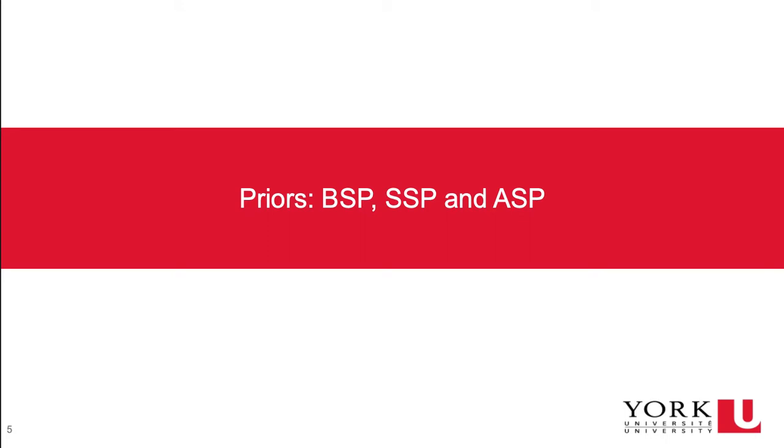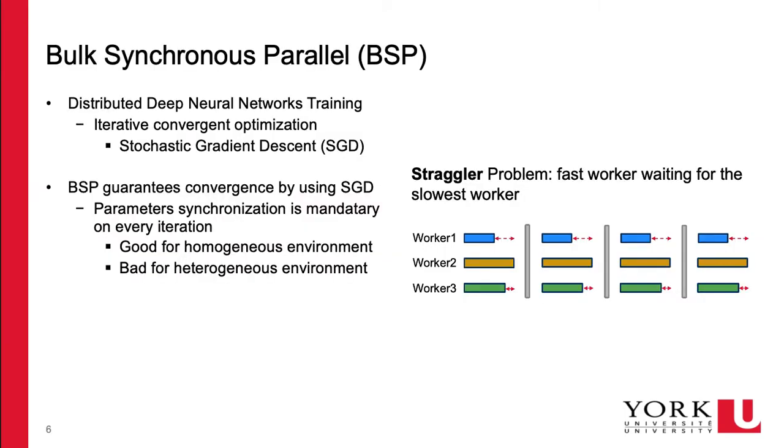Previously, there were 3 most relevant approaches to handle this synchronization problem. They are called BSP, SSP, and ASP. Bulk Synchronous Parallel, BSP, as its name suggests, synchronizes all the workers at the end of each iteration.